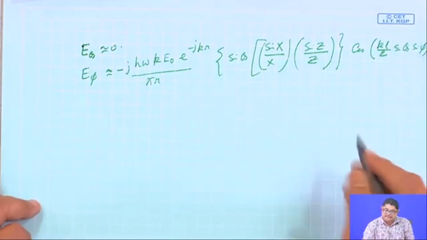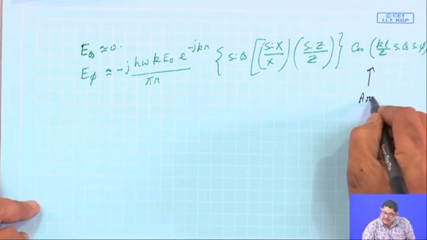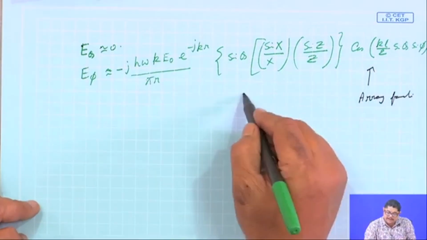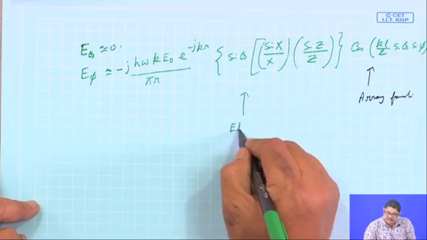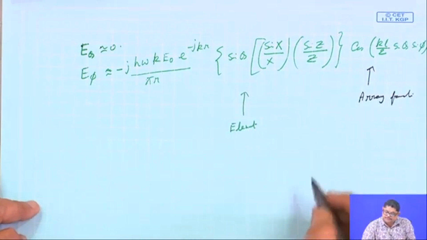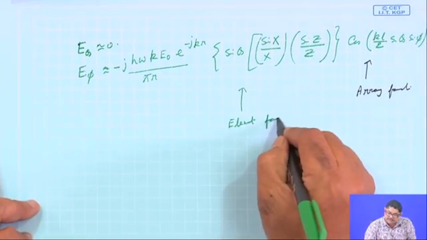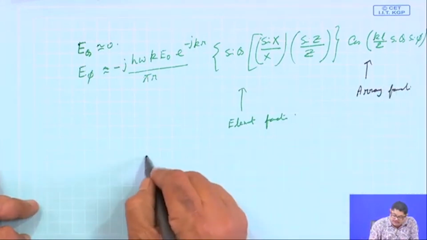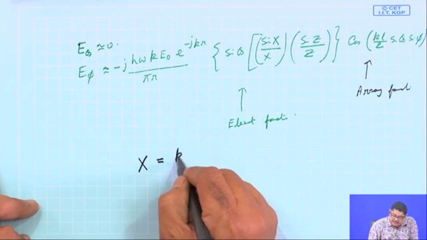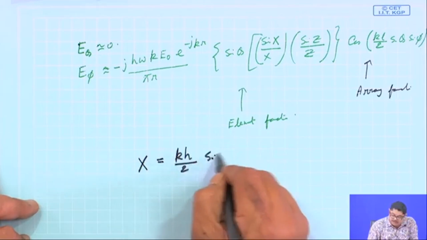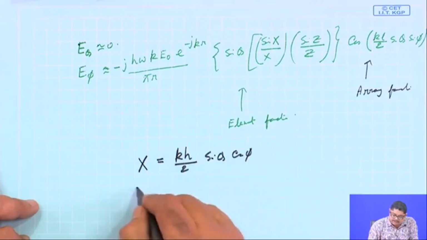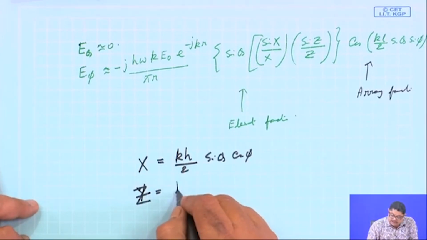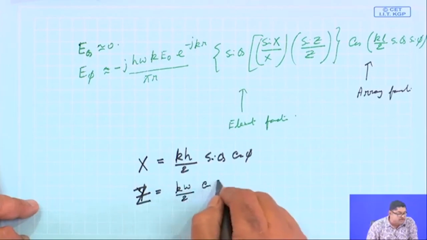You can check this; this is the array factor, and this is the element factor. What is X? X is k h by 2 sin theta cos phi, and Z is k w by 2 cos theta.